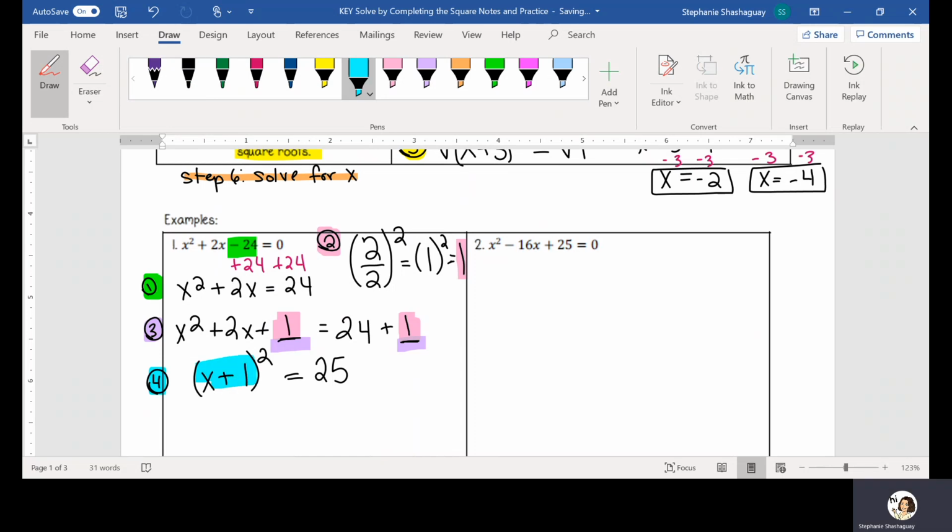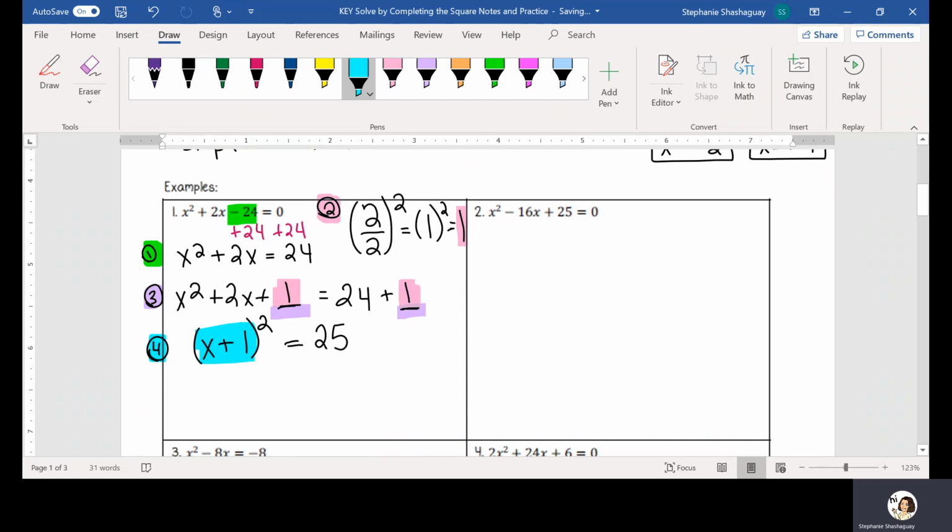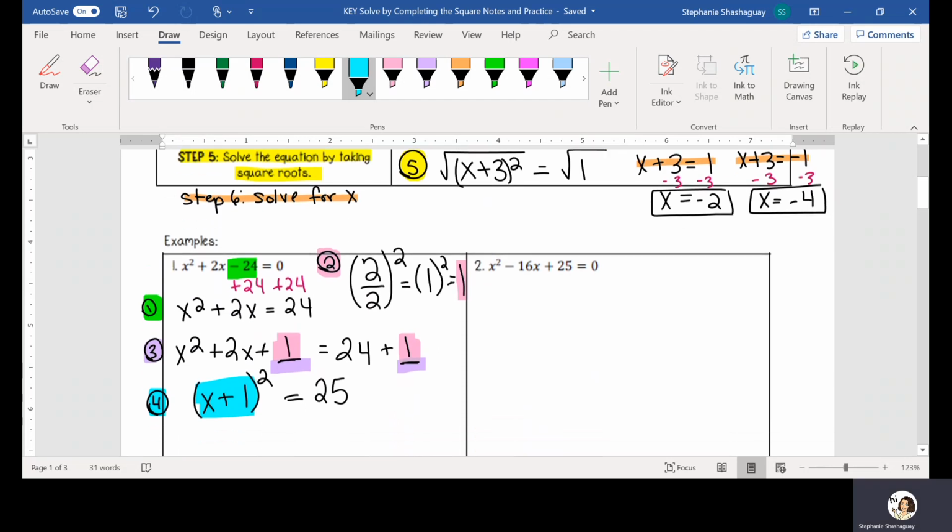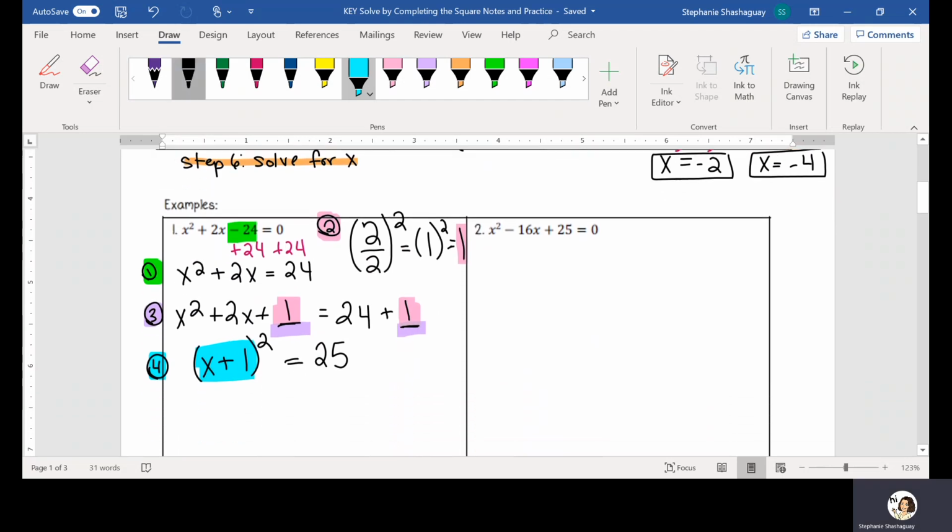Okay, so all I did was factor that perfect square trinomial that I just created so that now I can do step 5, which is solve the equation by taking the square roots. So now I can move along to step number 5.